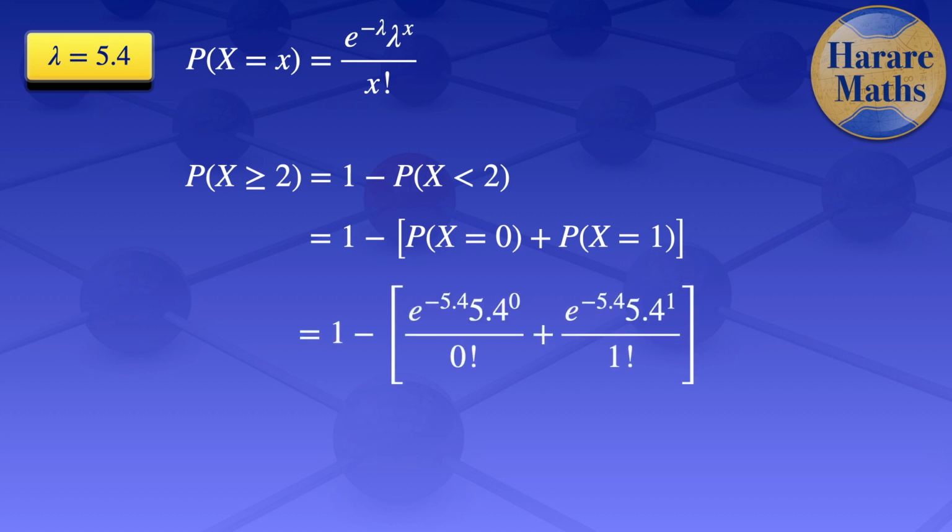And we have 1 minus e to the power of minus 5.4 times 5.4 to the power 0 divided by 0 factorial, plus e to the power of minus 5.4 times 5.4 to the power 1 divided by 1 factorial. That simplifies to 1 minus 0.0045 plus 0.0244, which gives us approximately 0.9711. The probability of at least 2 beds in 3 hours is 0.9711.